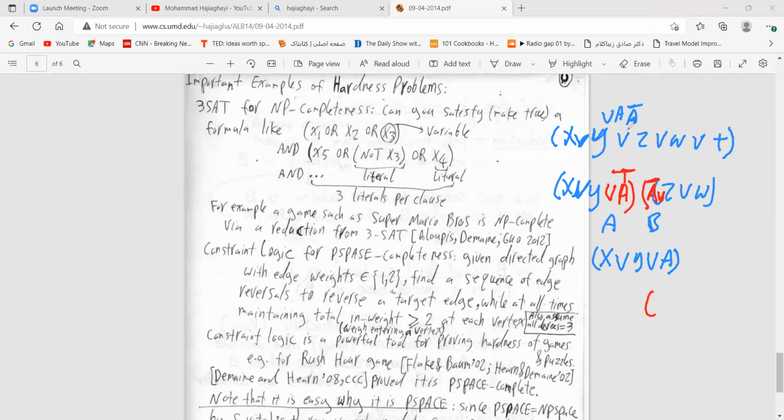Can we do something like X or Y or A, and then Z or W or B, and then T or A bar or B bar? 3 clauses and 2 extra variables.